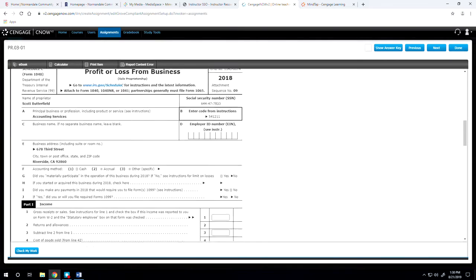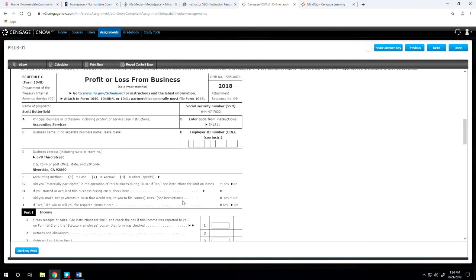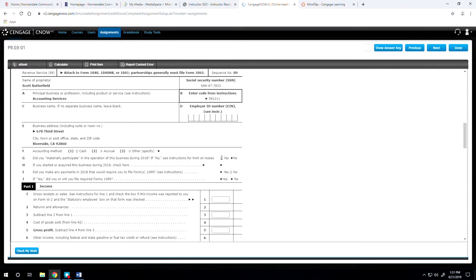The first thing we need to do, I think this box is already checked, so we don't have to do that. And these boxes are already checked. So he's using the cash method of accounting. If you took financial accounting, you learned the accrual basis of accounting.